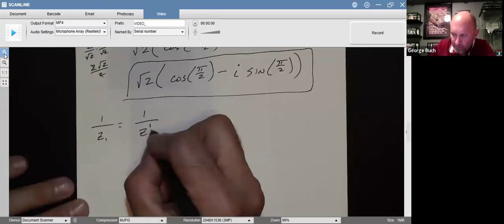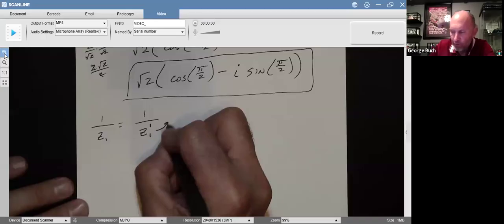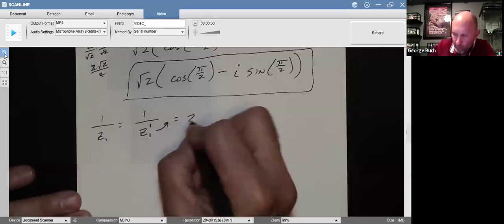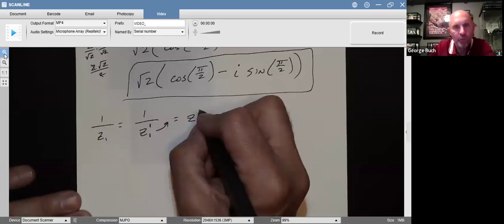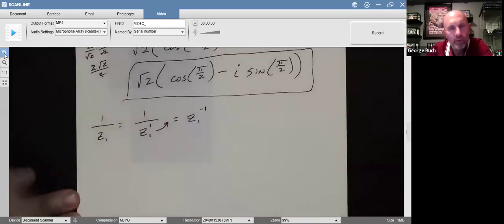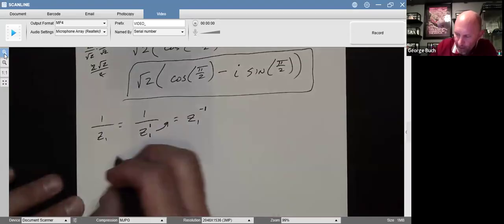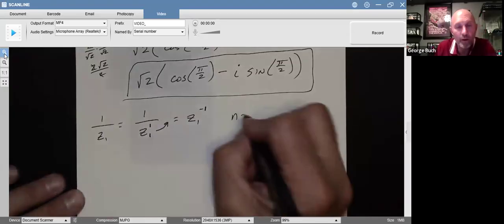So if I take this from the denominator to the numerator, this becomes what? Z1 to the minus 1 power. And now I have what? An integer exponent. So I can use de Moivre's theorem, right? In de Moivre's theorem, so now my n is equal to minus 1.